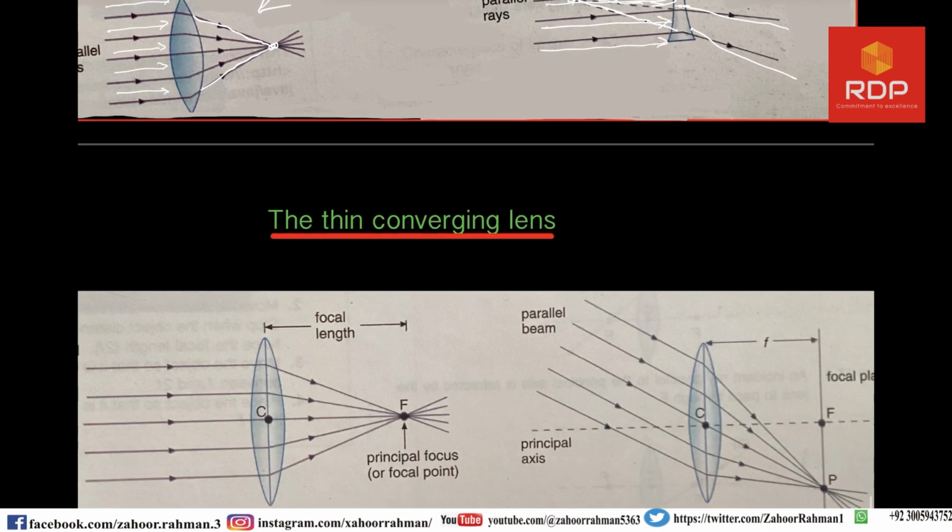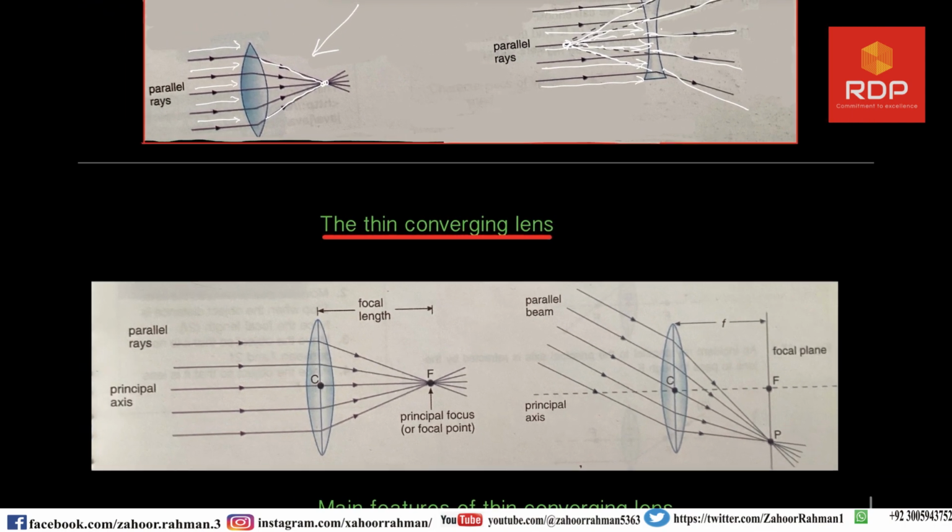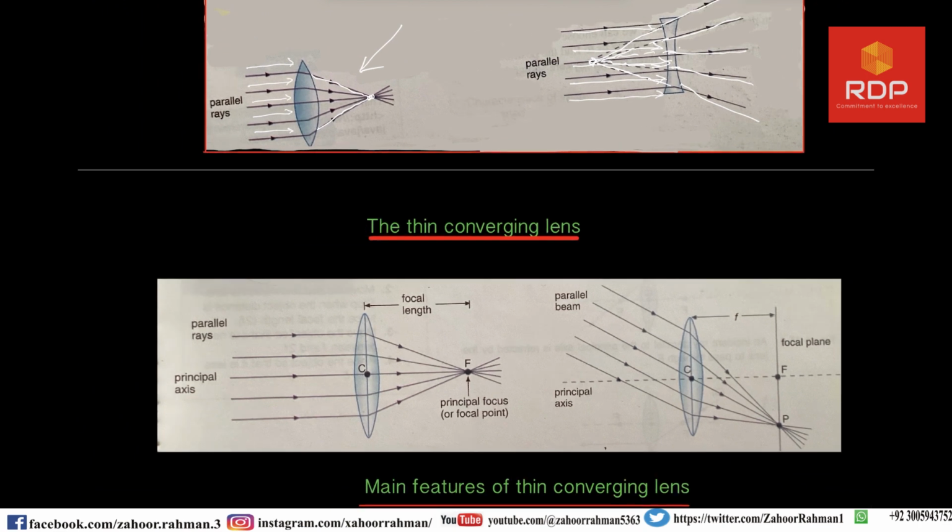Now the next topic is the thin converging lens. So let us start with the thin converging lens, shown in the figure. These two figures show the action of a thin converging lens on a parallel beam of light.